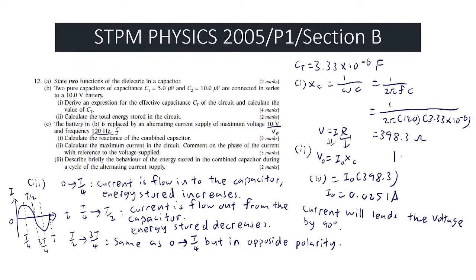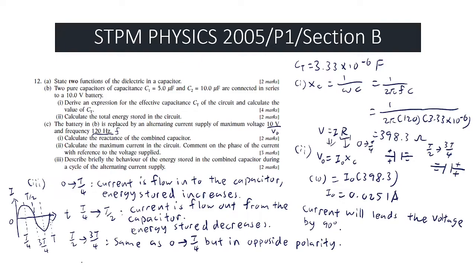So at the first place, let's say from 0 to T over 4, it is charged with this plus, and here is minus. So now from T over 2 to 3T over 4, they will charge this part with negative, and this part to be positive. This is what we call opposite polarity.